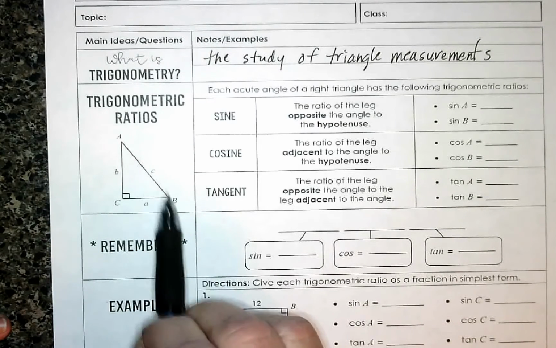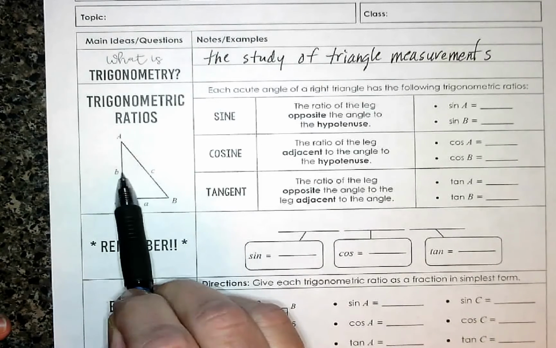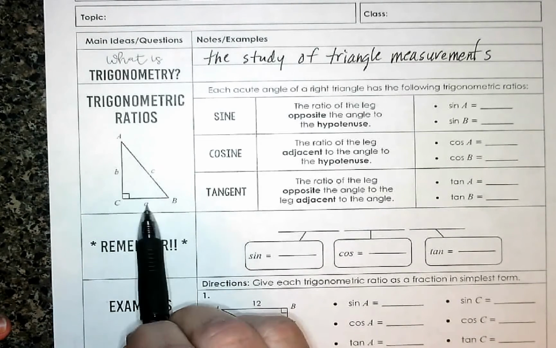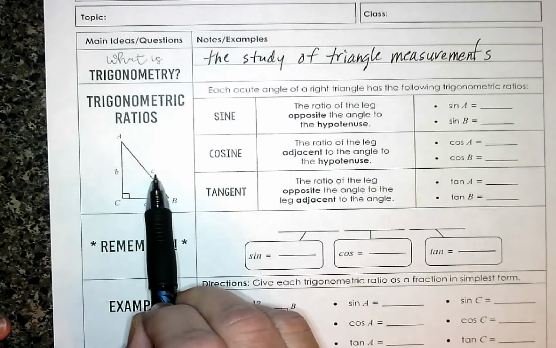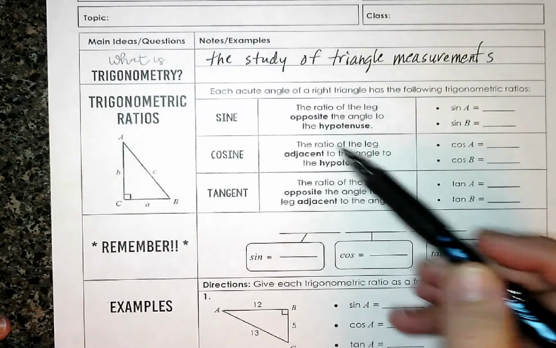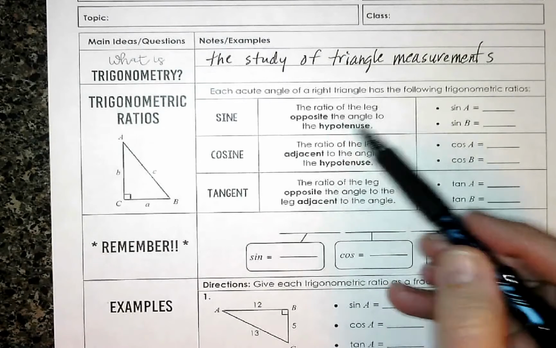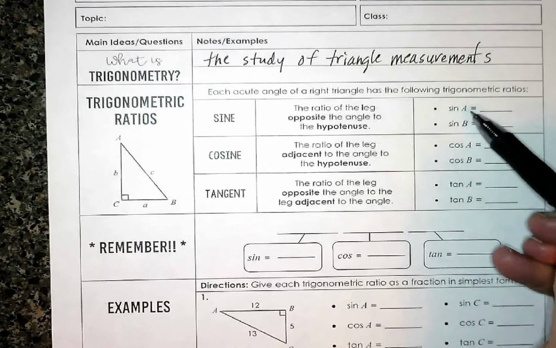So if I'm talking about angle B down here, side B is the opposite leg, side A is the adjacent leg, and C is the hypotenuse.